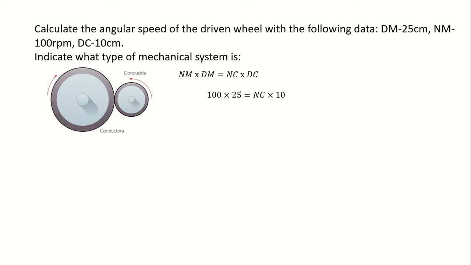And the only thing you have to do is put the numbers where they have to be. 100 multiplied by 25 is the speed of the driven multiplied by 10. Okay, so we resolve, and the result is 250 RPM.